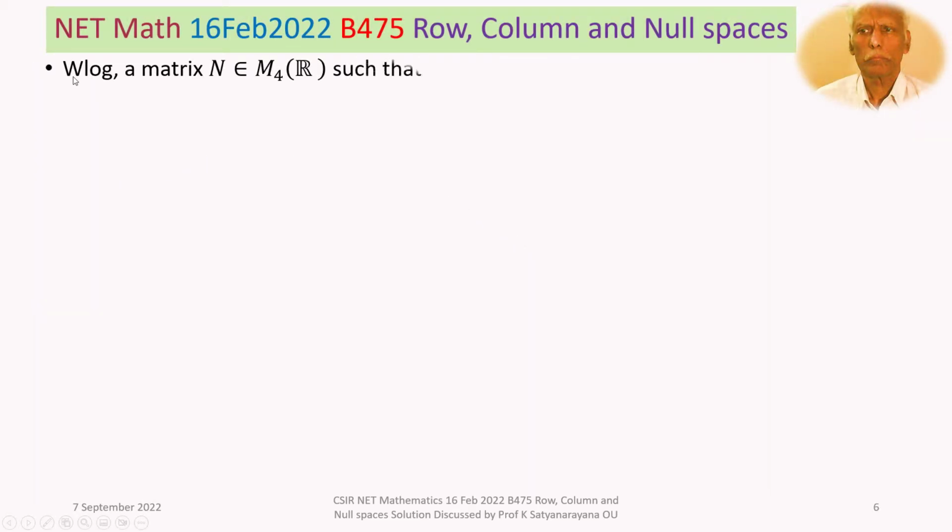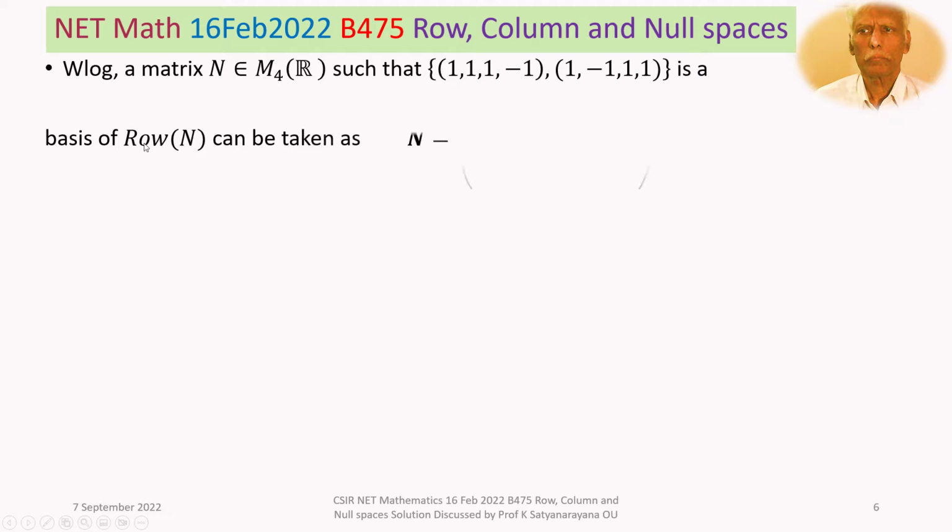Now, without loss of generality, we can assume a matrix N belongs to M4 over R such that these two row vectors is a basis of the row space of N. So, we take those two vectors as the first row and second row, and the third and fourth rows are linear combinations of the first and second rows.